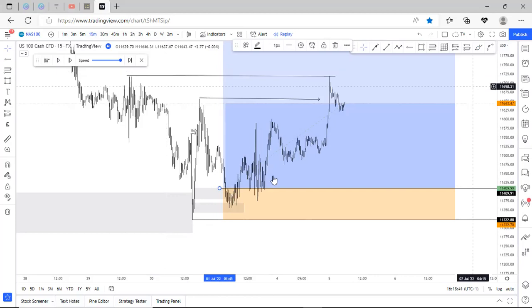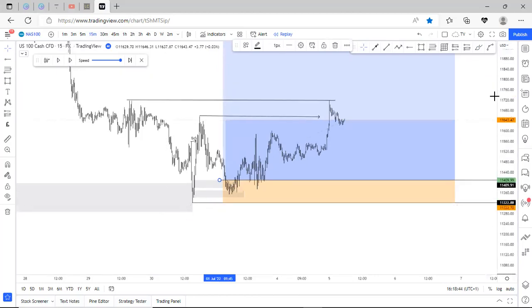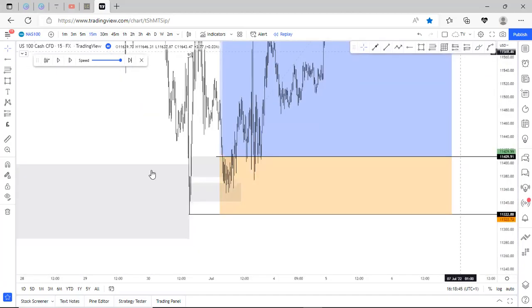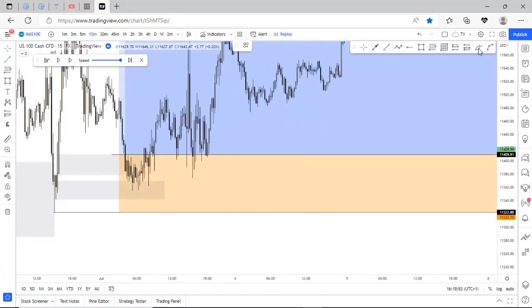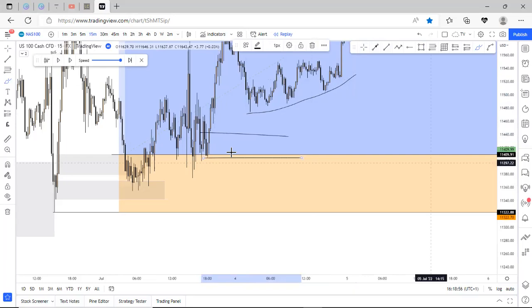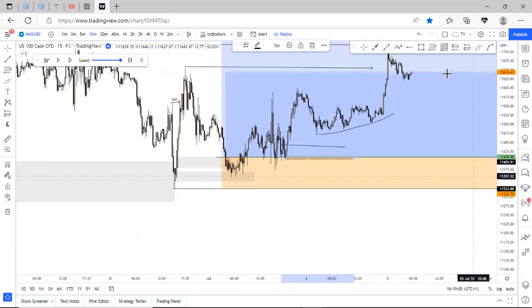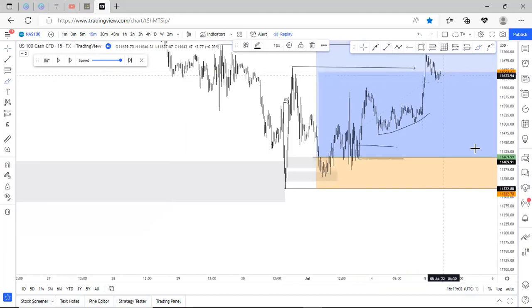So at this point, I want to kind of break even, or if I did not break even, because as you can see right here, we kind of created liquidity right here, and we have this demand zone right here. So there's still probability for price to probably push down into this zone again to mitigate this zone.